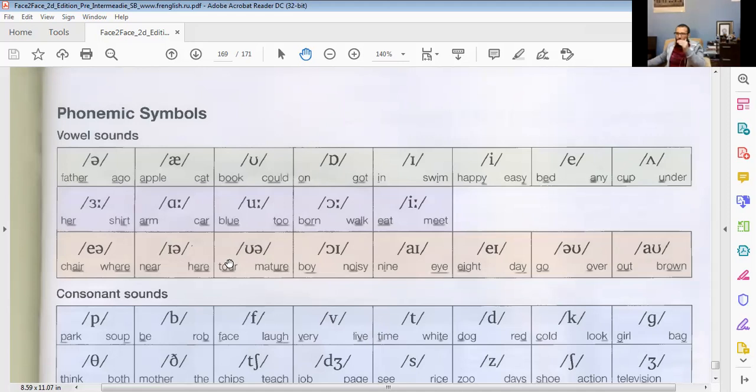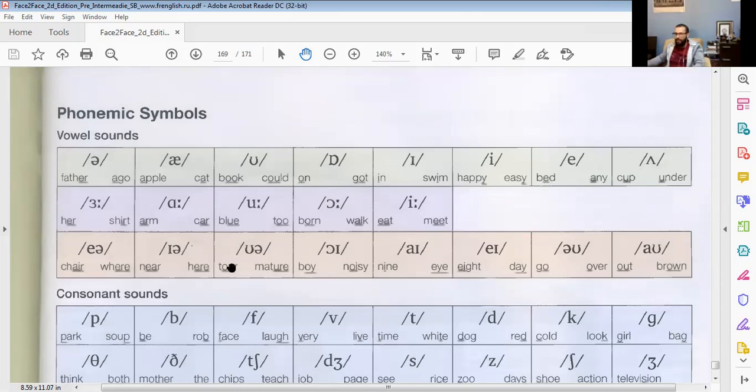Tour. So it starts somewhere and it changes. Boy, noisy. Can you see? Boy. And the same thing here. I, this sound. A, like 8 or day. Go. It looks like an O, but it has 2 sounds. Out.